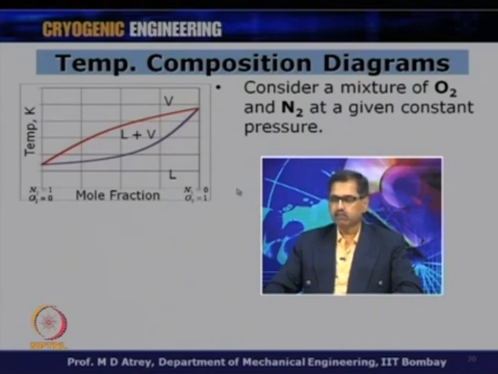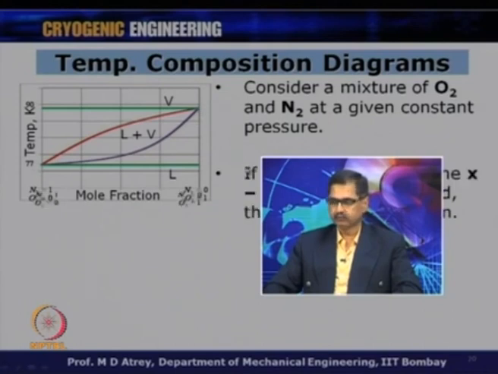Here oxygen equals 1, and therefore this is the boiling point of oxygen at 1 atmosphere, which is 90 Kelvin, and this point is the boiling point of nitrogen at 1 atmosphere, which is 77 Kelvin. In between lie both the components. Here O2 is equal to 0 and N2 is equal to 1, that means a single component at this point, and therefore what we have is the boiling point of oxygen and nitrogen only.